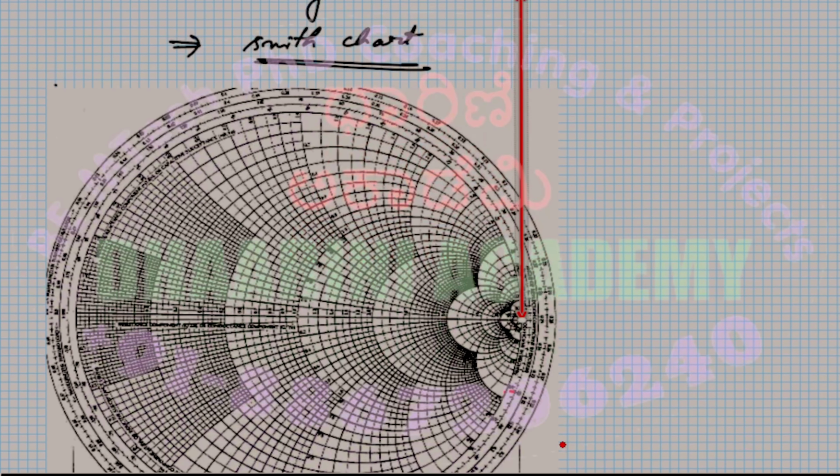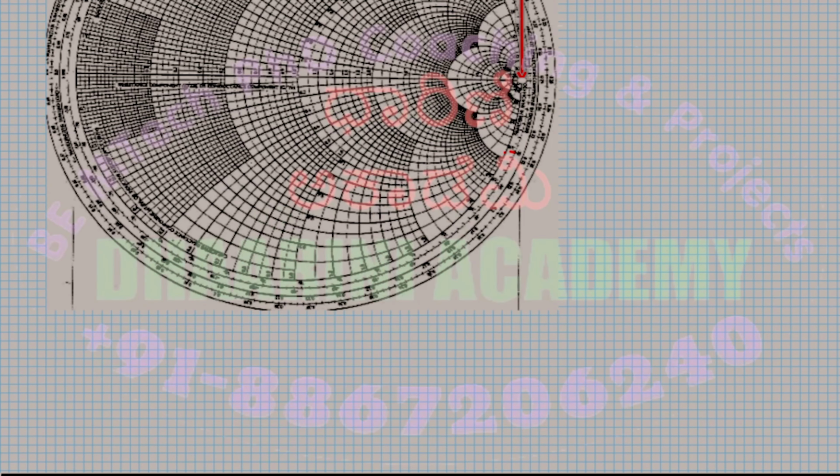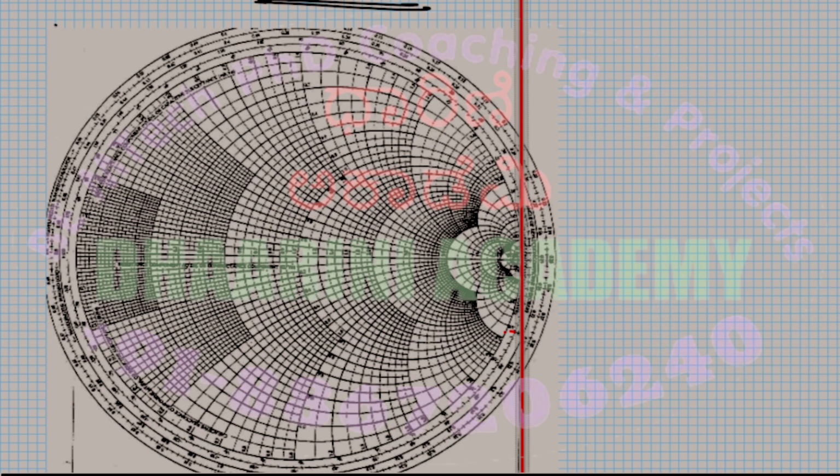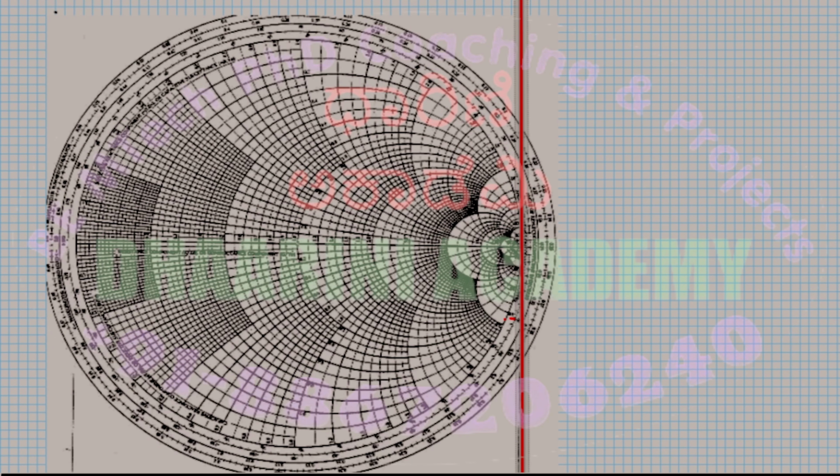So I'll draw a line. It starts here and gets extended in this direction. You see, this is the gamma r equal to 1 line. I can even draw that line below. The red line which we see. Every circle that I'm going to draw will have the center on this line. That's the fundamental idea.